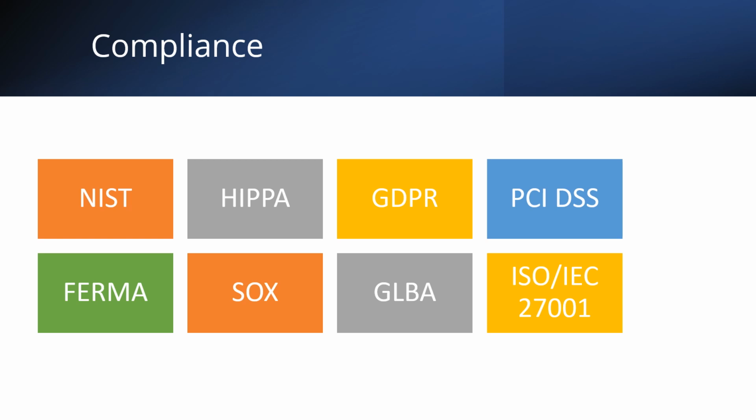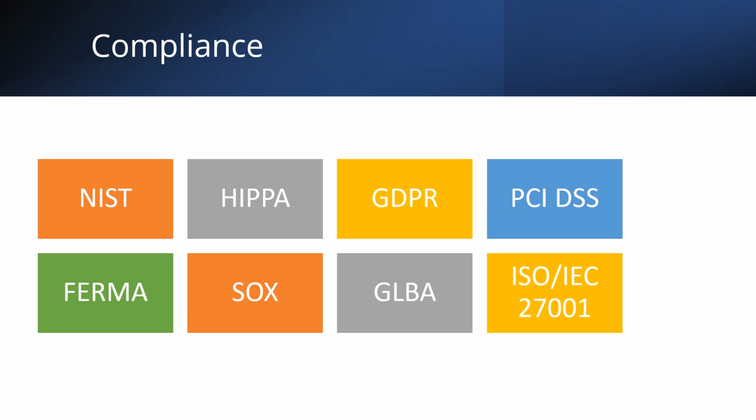So by prioritizing efforts to address critical compliance requirements first, organizations can ensure that essential security controls and measures are in place to protect sensitive data, mitigate risk, and meet regulatory obligations effectively.